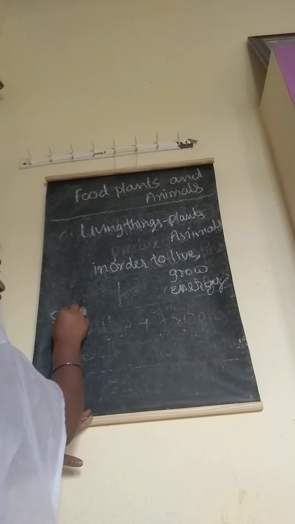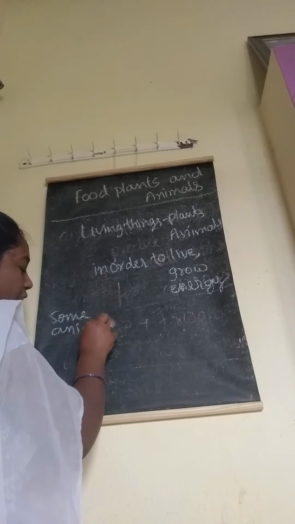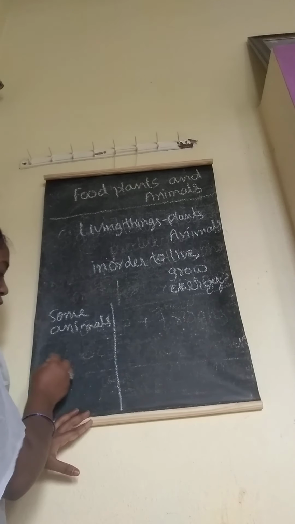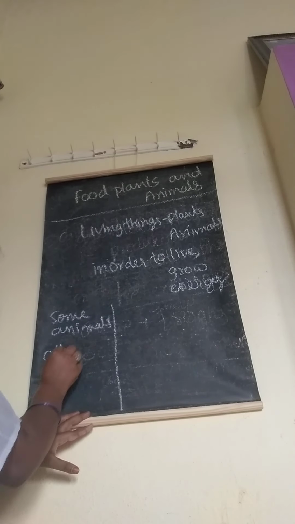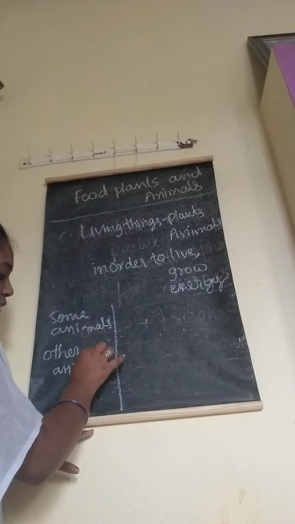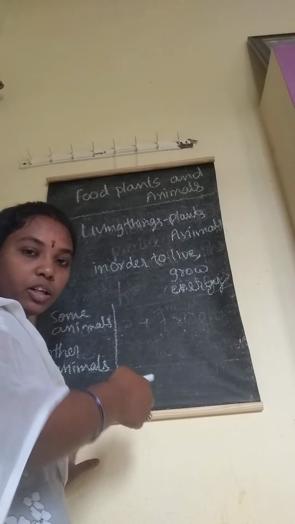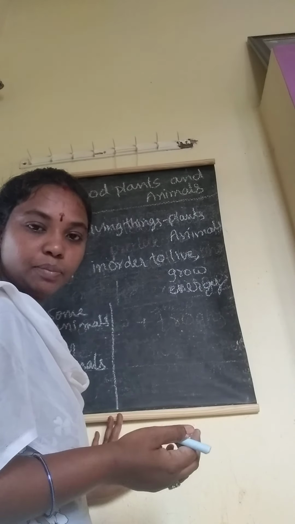Some animals are carnivorous. Carnivorous animals get food from other animals only, by hunting.